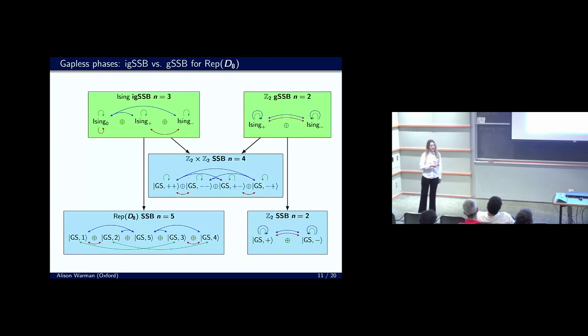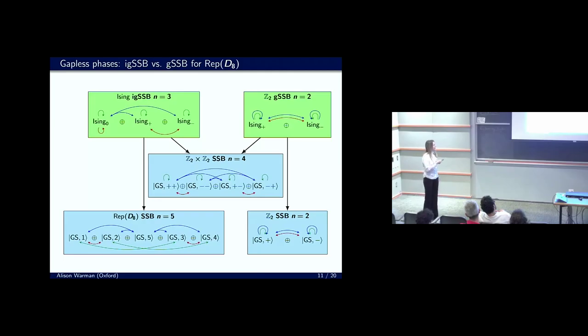Again, from the SymTFT and the map of generalized charges, we can determine exactly how this symmetry gets further broken in the two gapped phases. So in particular, in this case, what happens is this red symmetry of Ising 0 gets broken, and so Ising plus and Ising minus both go to a vacuum, exchanged by the red symmetry, whereas Ising 0 also splits into two brown states exchanged by the red symmetry.